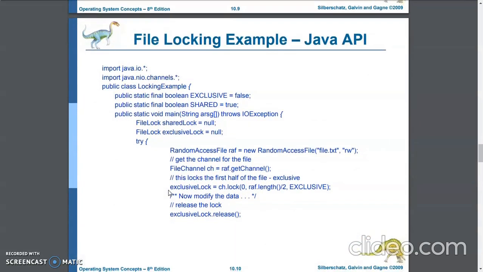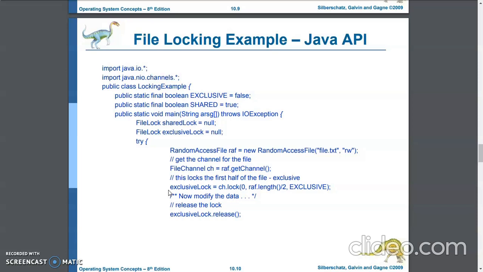This is a simple Java example to execute the file locking concept. In this program, we are using two packages, java.io and java.nio.channels. Under java.io, we are using the RandomAccessFile class. With the help of this class, we can randomly open a file.